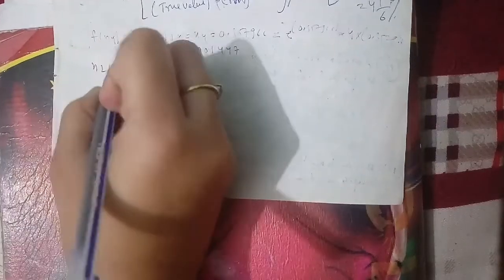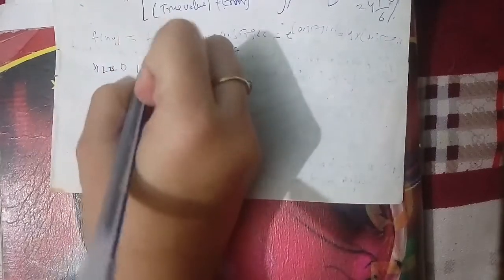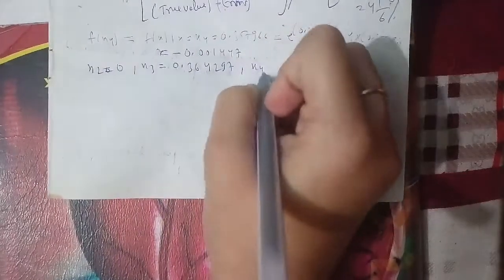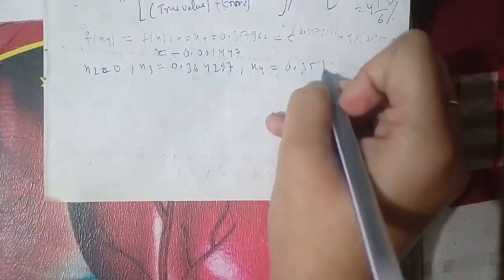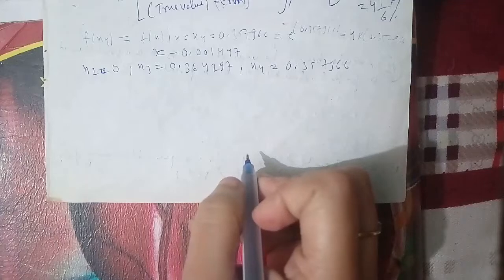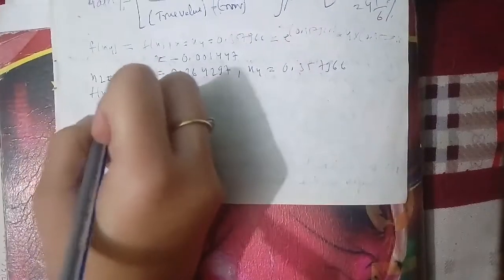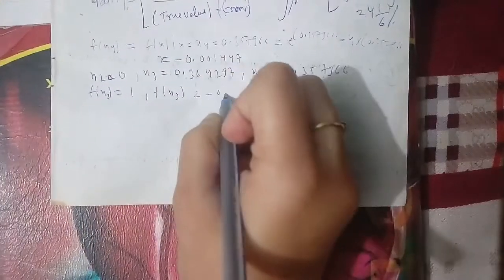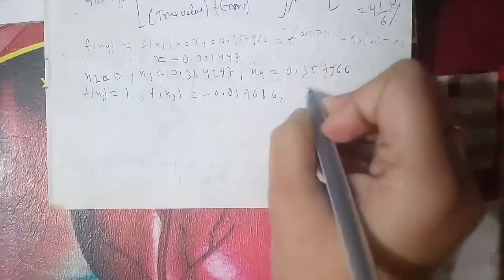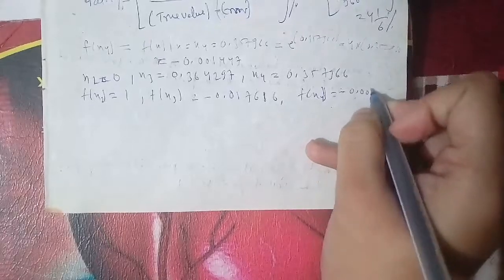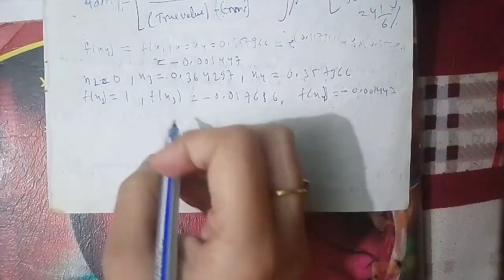Now further, we have x2 = 0, x3 = 0.364297, x4 = 0.357966, and f(x2) = 1, f(x3) = -0.017686, f(x4) = -0.001447.